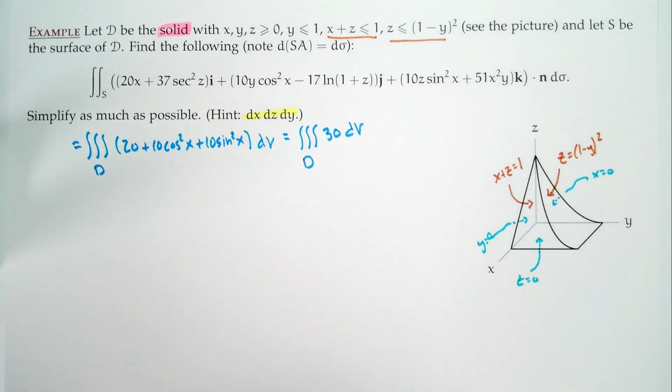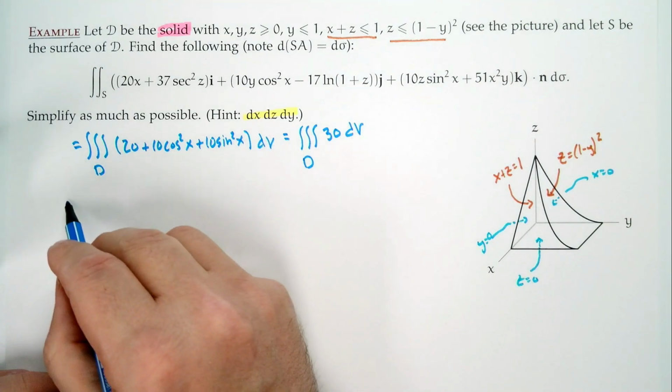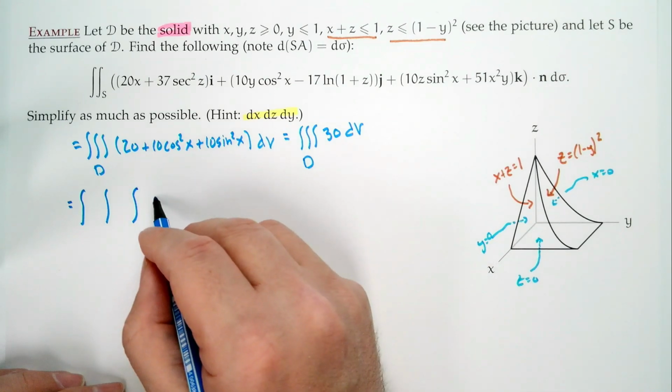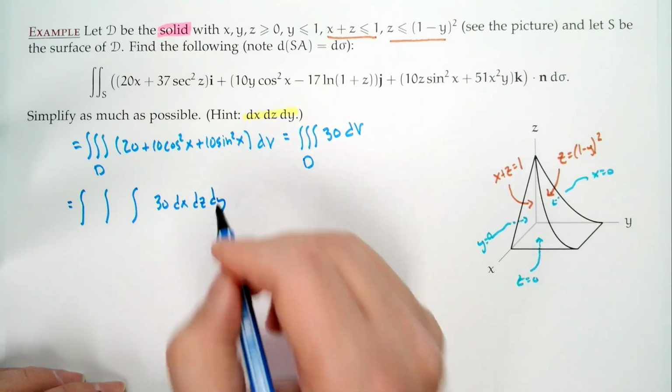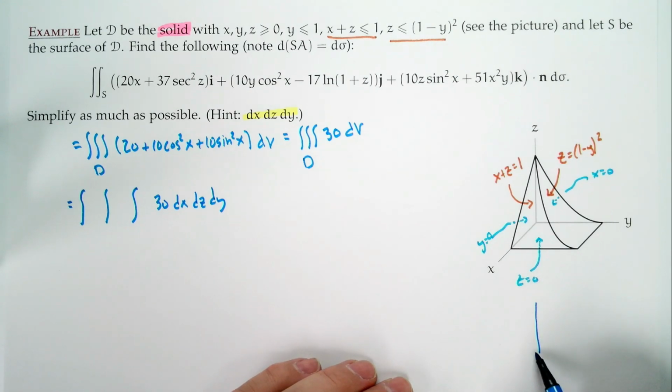Now we're going to set up our integral following the hint in the order dx, dz, dy. So this is going to be integral, integral, integral, 30 dx dz dy. Well, that says look down the x-axis, and when you look down the x-axis, what you see is the yz plane.